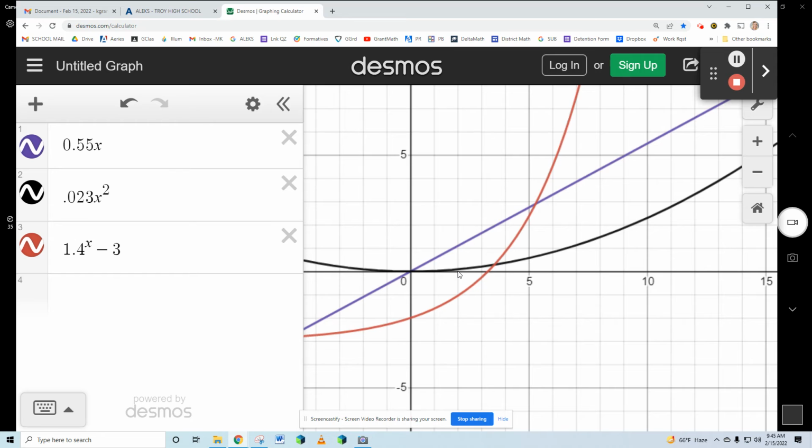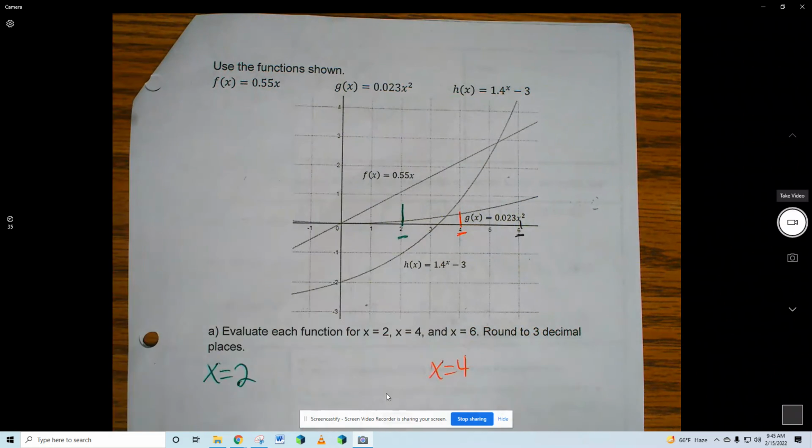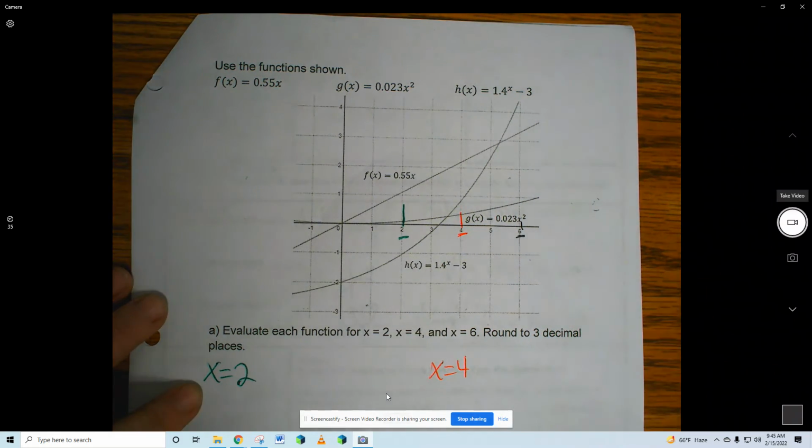When x equals 2, what am I at? Where's my first equation? Look at this. When x equals 2, right here.